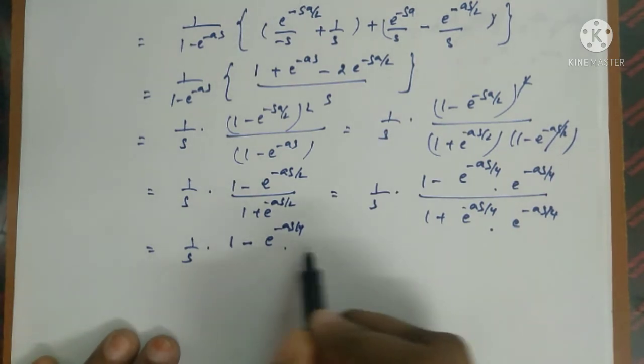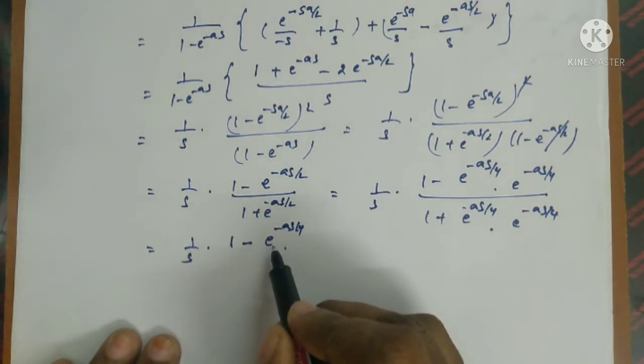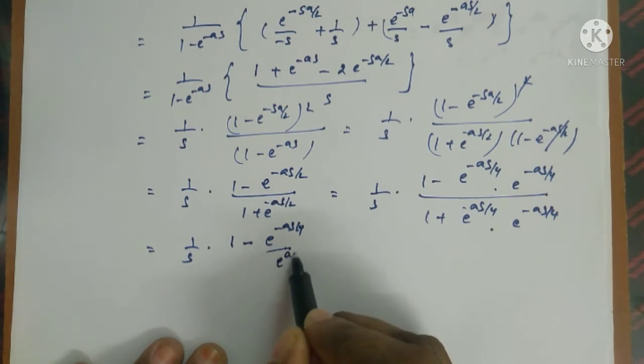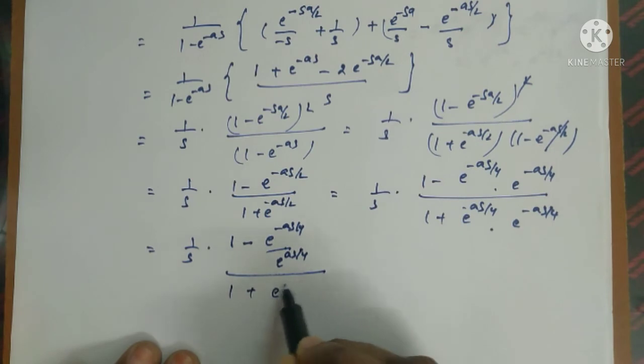So directly we can write the result, or otherwise if you want we can simplify this. So 1 minus e power minus as by 4, this can be written as divided by e power as by 4, and here also 1 plus e power minus as by 4 divided by e power as by 4.